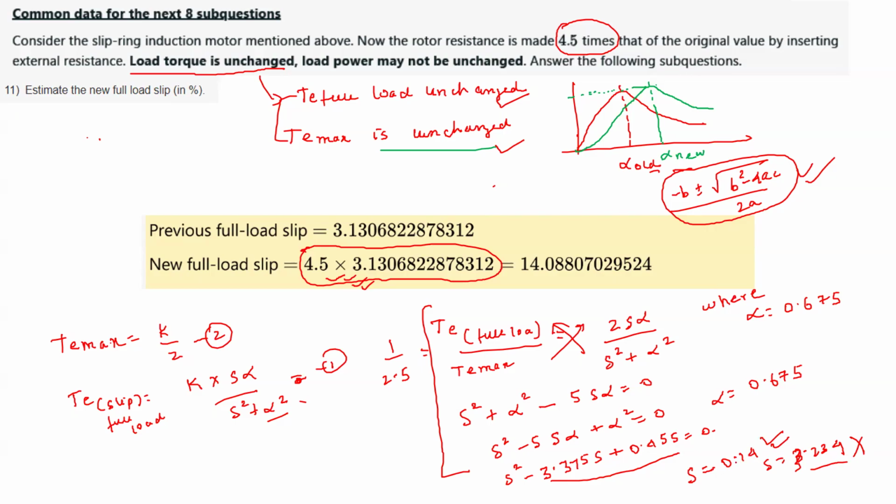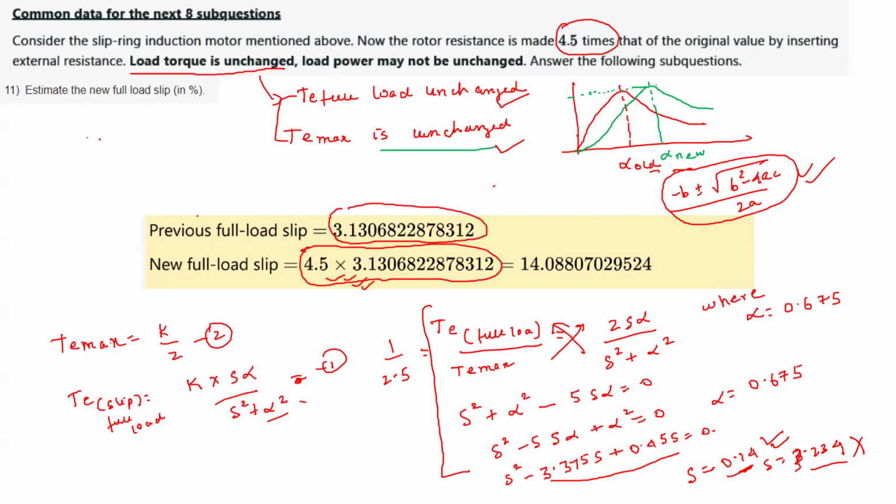So you can do it in this way, the full method in which I have done. You will find it as 14%, or you can also do it in this way. What they have done is they have just said that the previous full load slip was 3.13 percent.